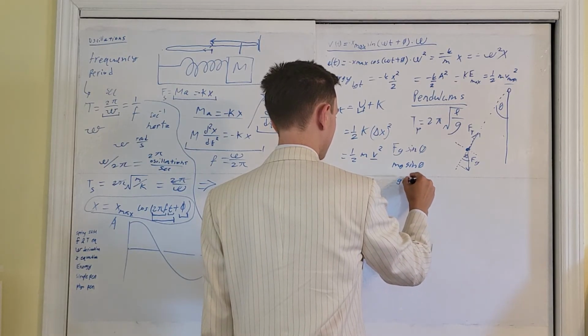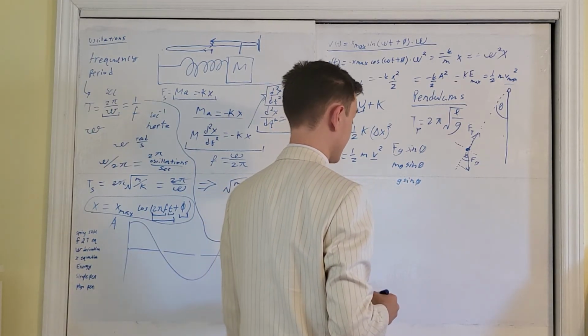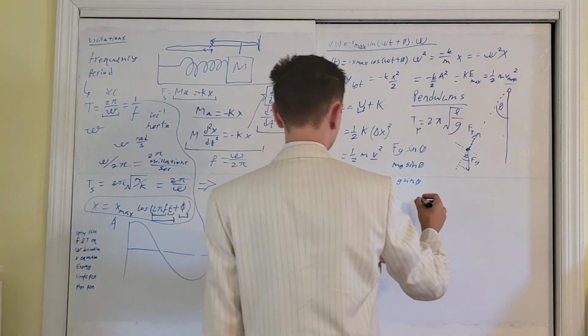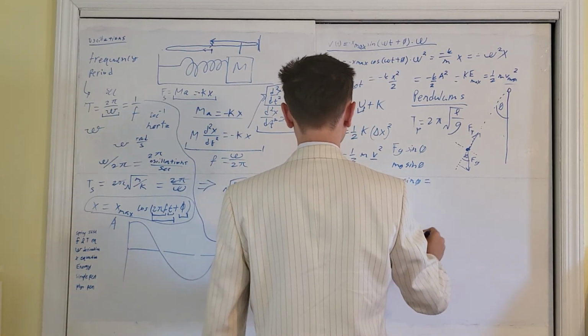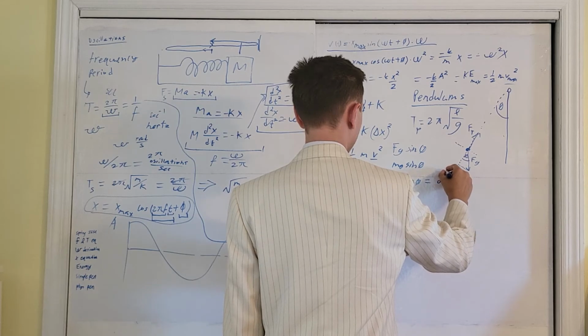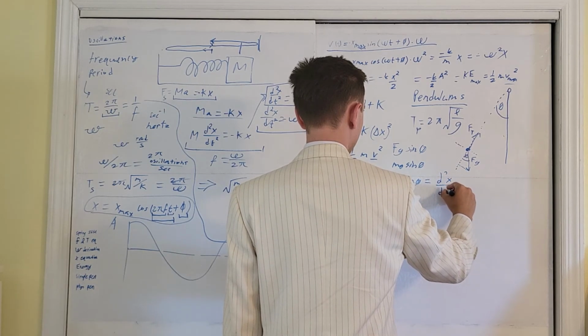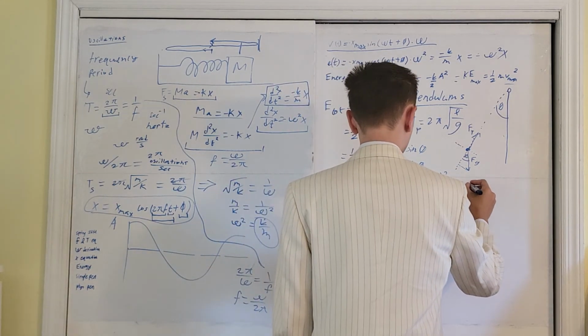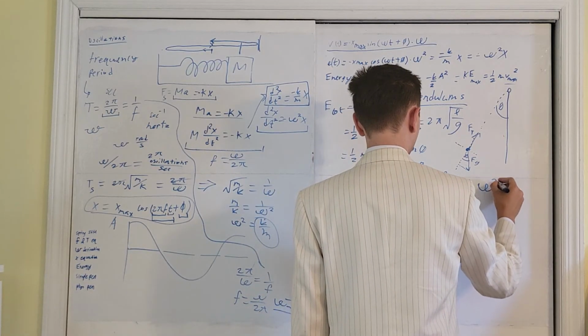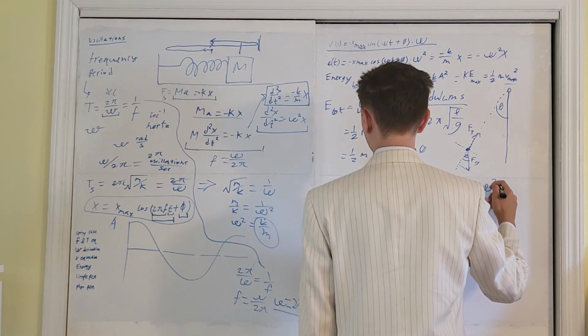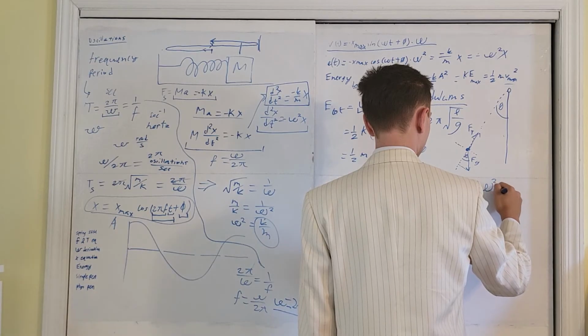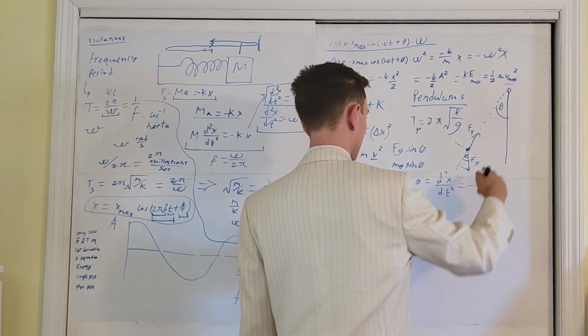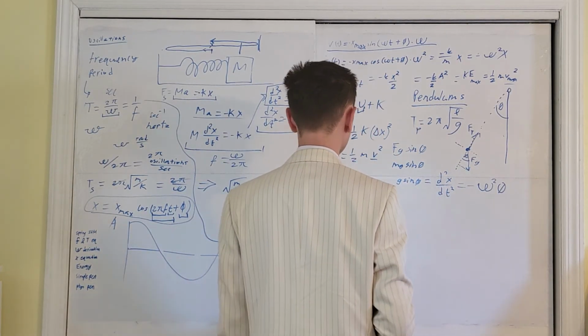So g sine theta is our restoring acceleration, which is therefore going to be equal to d squared x over dt squared, which is equal to our negative angular velocity times our displacement theta in this case, because we're displacing through theta, we're not displacing through x.